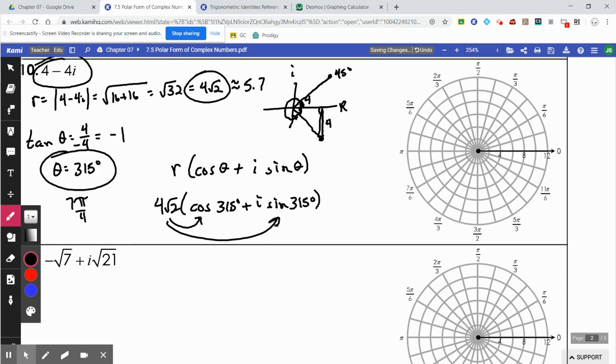So we're going to be located at 7 pi over 4, which is actually right here. That's 315 degrees. And we're going to go out a radius of 5.7. So here's 4, here's 6, so 5.7 is going to be about right here, which is the exact same place that it would be if I went right 4 and down 4 on my real imaginary axis.